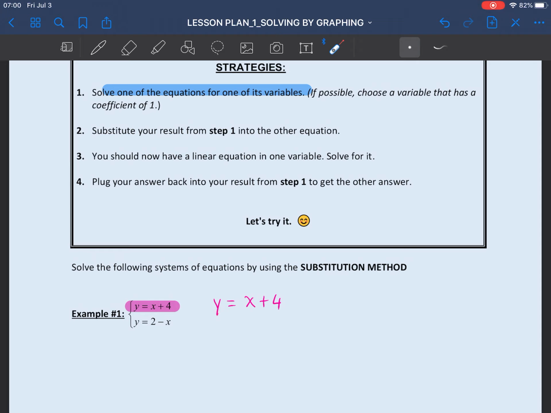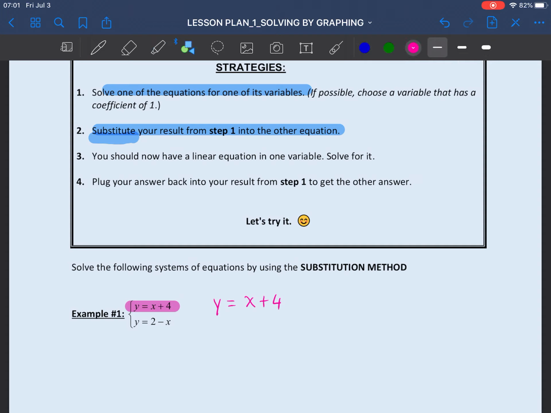Okay? Next step, we have to substitute the result from step 1 into the other equation. So you see the key word in here is substitute. That's why we call it the substitution method, by the way. So what does that mean again?